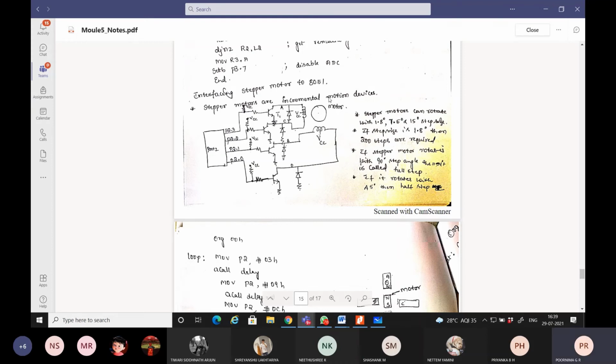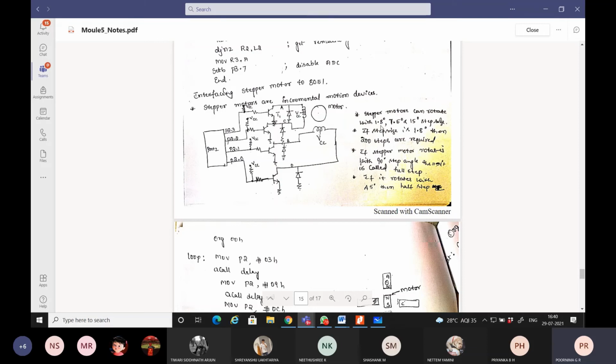Step angle is 360 degrees divided by the 200 steps. If it is calculated, it is going to be computed as 1.8 degrees.